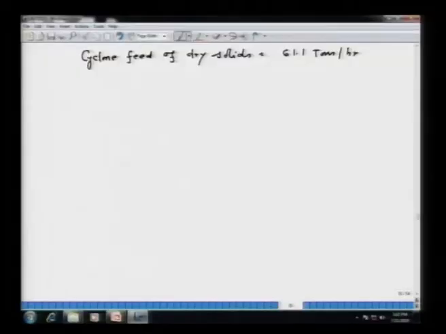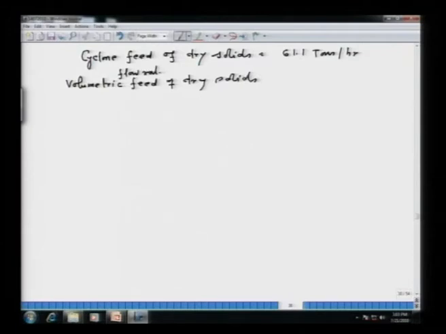So, first of all we will find out the volumetric flow rate of feed of dry solids, that is equal to 61.1, and 3 tons per meter cube is given to us as the density. So, it becomes 20.36 meter cube per hour.